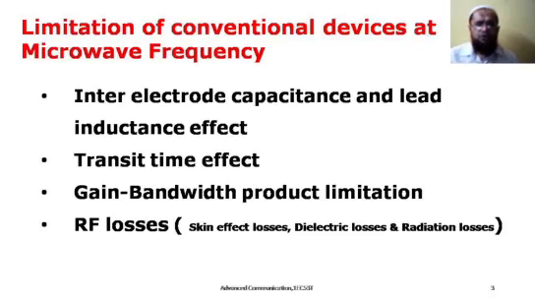So now, if we are using a conventional device, what are the main drawbacks? What are the main limitations? Why can we not use these conventional devices for microwave frequencies? That we have to see.